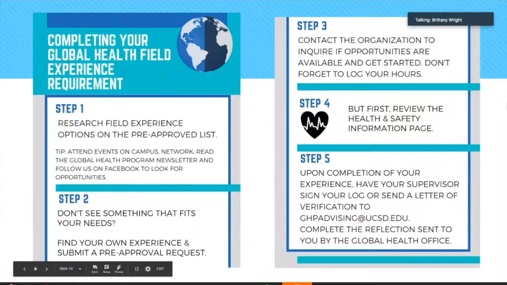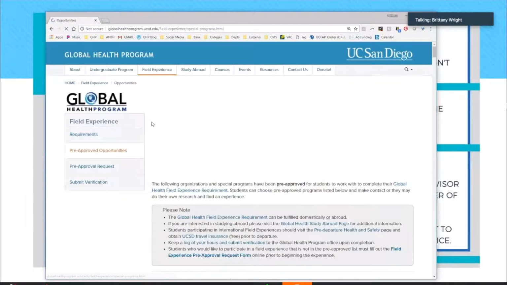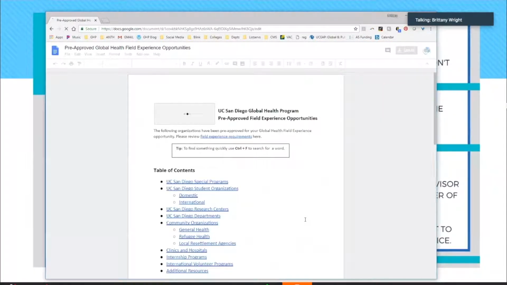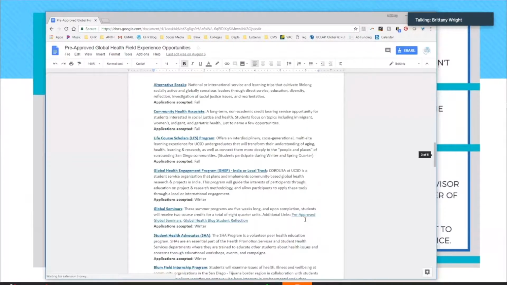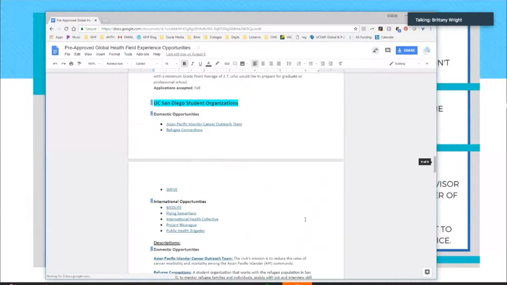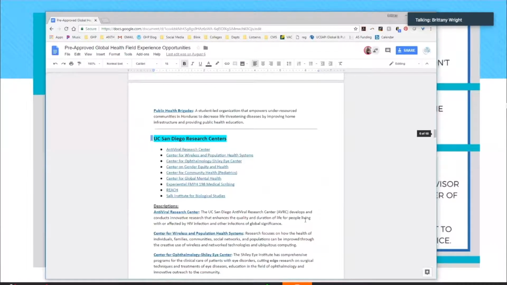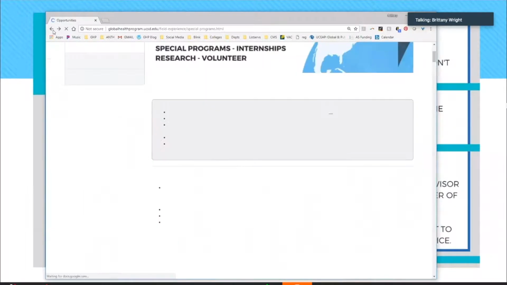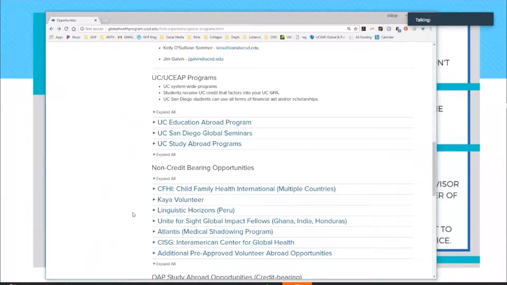So if you go on the Global Health website and you click on Field Experience Pre-Approved Opportunities, we have a document here with all of our local opportunities that you can look through. So we have special programs, we have local organizations to work with, anything from Asian, refugee, research centers. And then if you scroll down, we have a list of pre-approved international experiences.